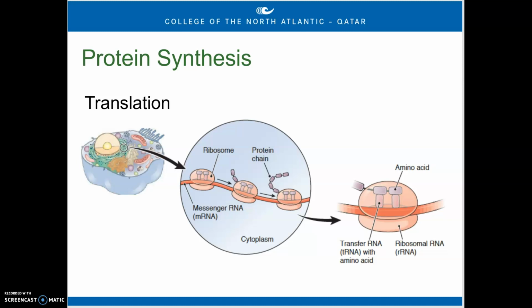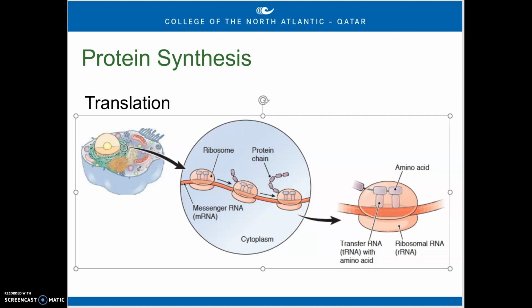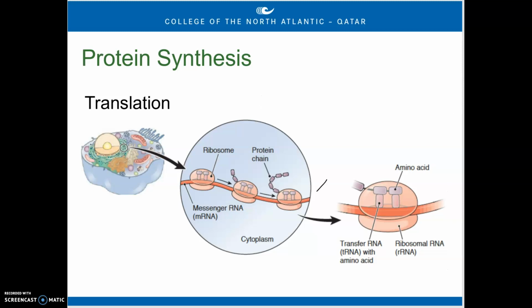Once the mRNA, so here's our strand of mRNA, it's got the code from the DNA, it attaches itself to a ribosome, and in the ribosome, these molecules right here, which is the tRNA, they have amino acids attached to them.